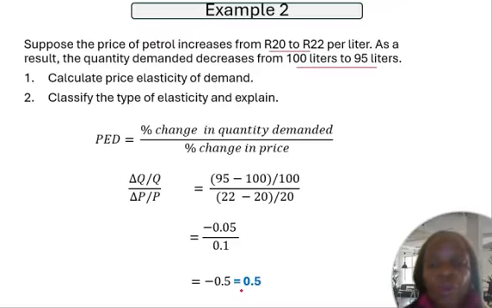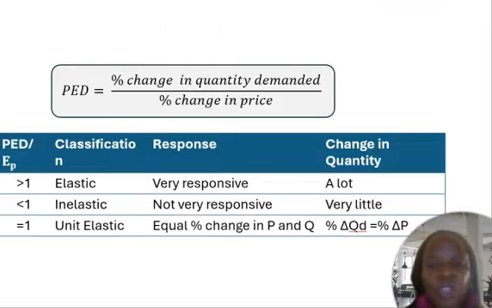So, going back to our classification, 0.5 is definitely less than 1. Therefore, we say it is inelastic. That is, it's not as responsive, and quantity changes very little compared to a change in price.